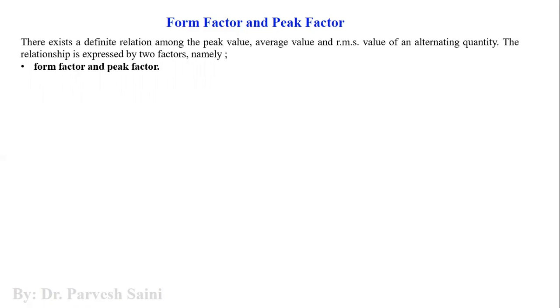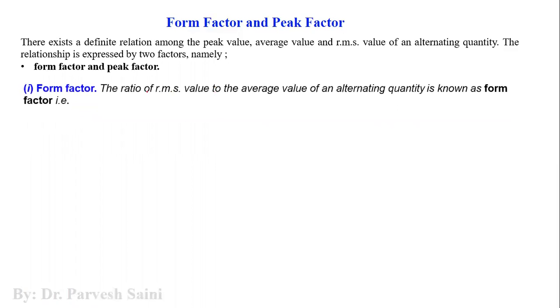Basically, apart from the peak value, average value, or RMS value of the alternating quantity, we have some other components also, which are form factor and peak factor, which relate the peak value, average value, and RMS value with one another. So basically, these factors relate mathematically all these three components of an alternating quantity.